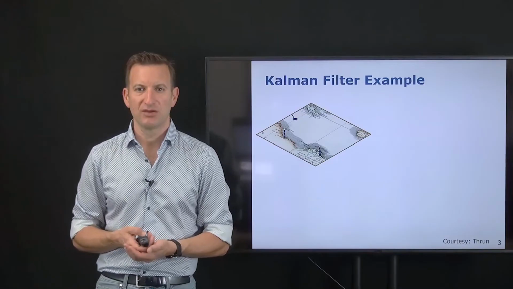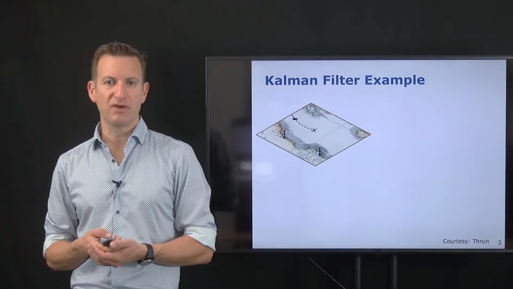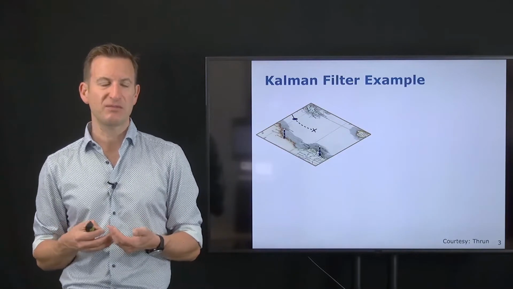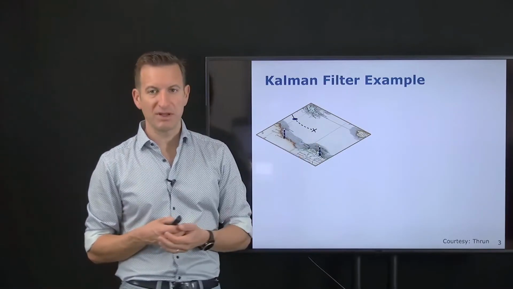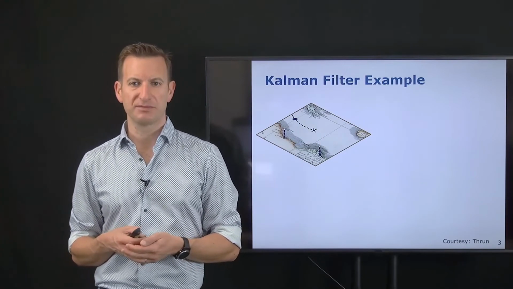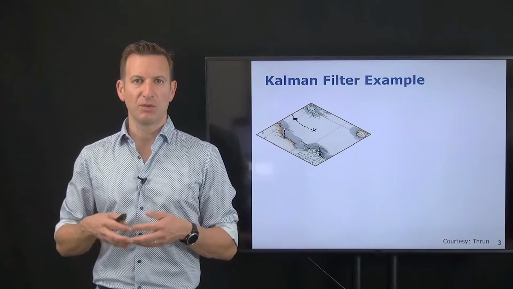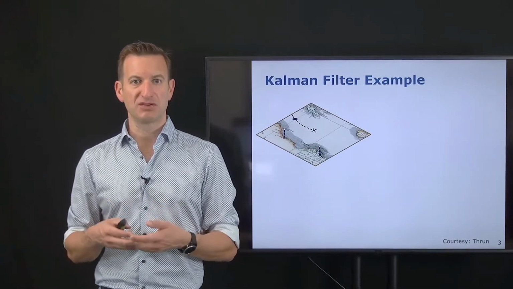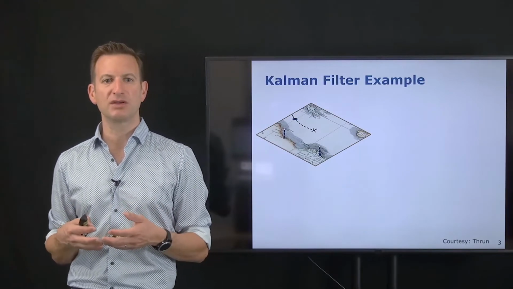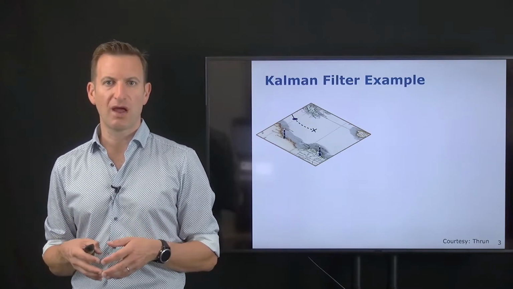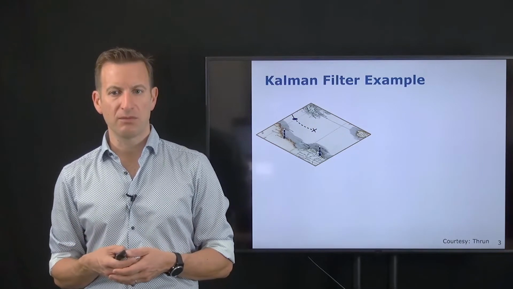So you are actually moving forward. And let's say you get a new estimate and you say, I am probably here where that cross is. And this is what in the Kalman filter is the prediction step. So you're performing your action and you predict what's going to happen, where you are with your boat.